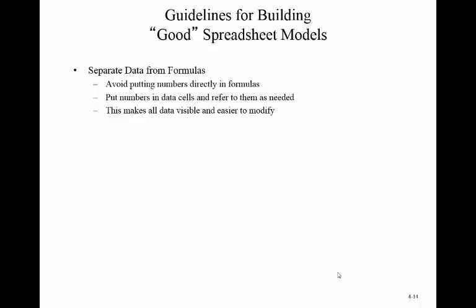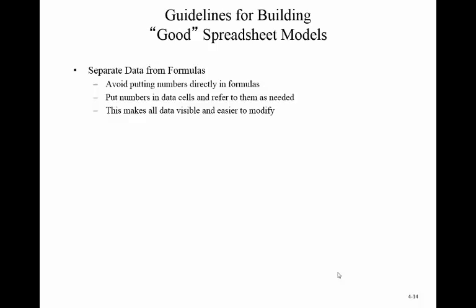Also, again, you want to separate the data from formulas. So the data should take on a certain location and shade of formatting, for example, in your spreadsheet. But over here, these intermediate calculations should not include any numbers in them. In other words, numbers like parameters shouldn't be in there. They should be in their own cells and named ranges.